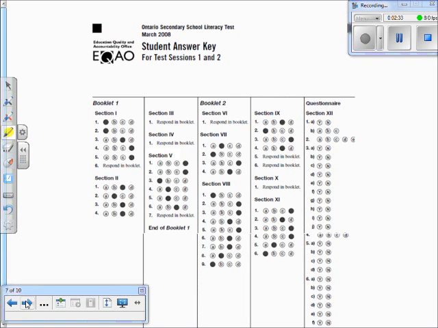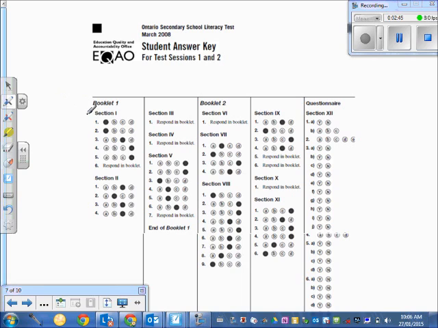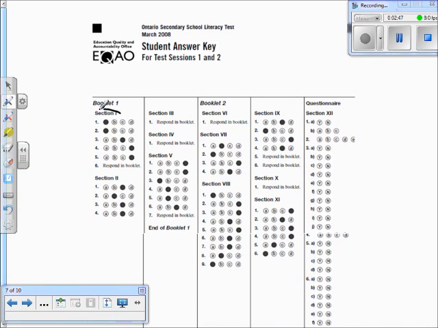Something else really important that you need to know is that they use Roman numerals on the test. So if you don't know what a Roman numeral is, then we're going to show you right now. Roman numerals are the ones up here. So we have a 1, 2 is 2 lines, and we have 3, 1, 2, 3, pretty basic. Now we're going into section 4.